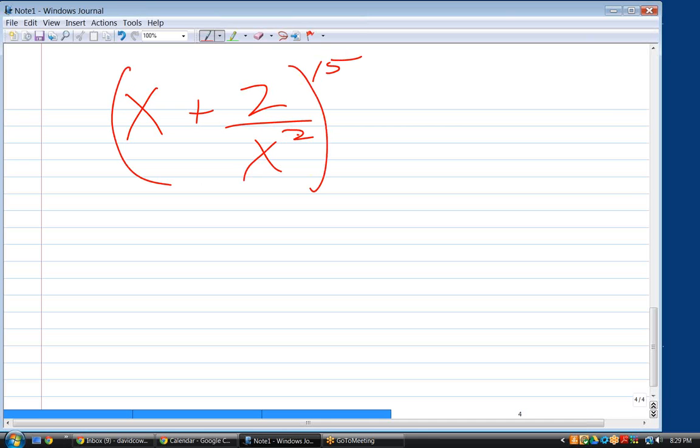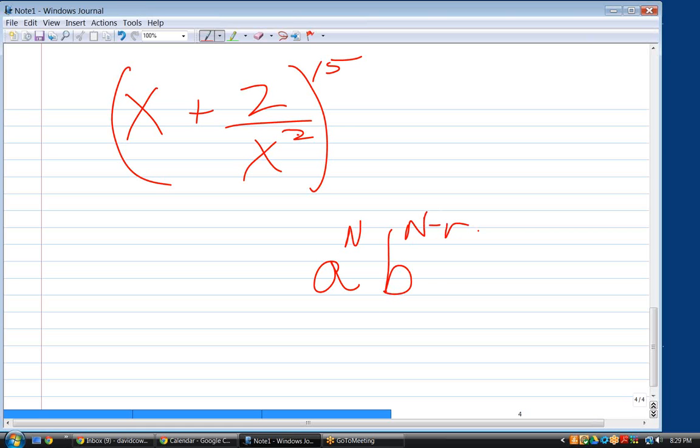Oh, okay. I see what's going to happen here, I think. Let me think for a second. The constant term is going to be when the exponent on this matches the exponent on that. Because we're going to have an a to some n times a b to some n minus r.